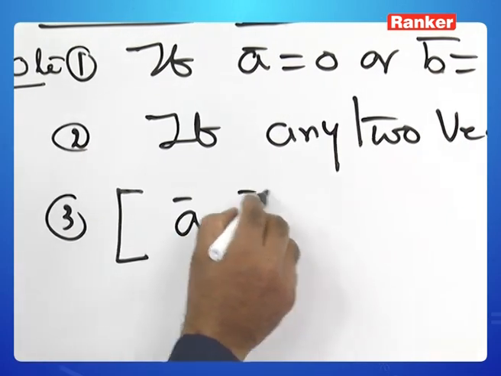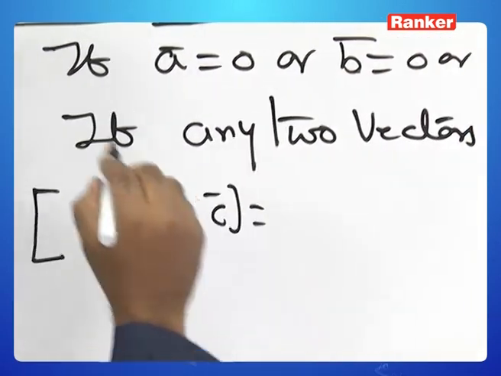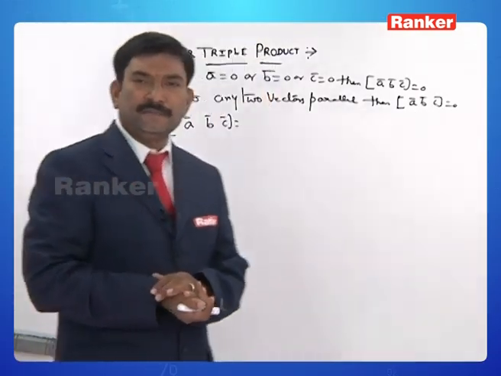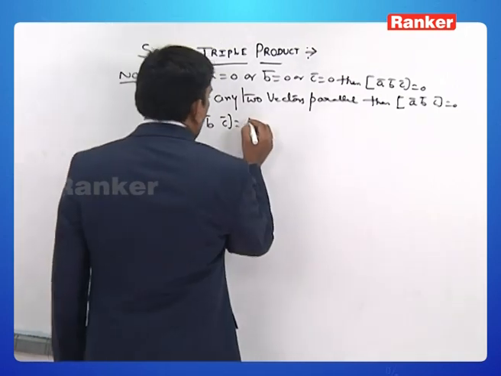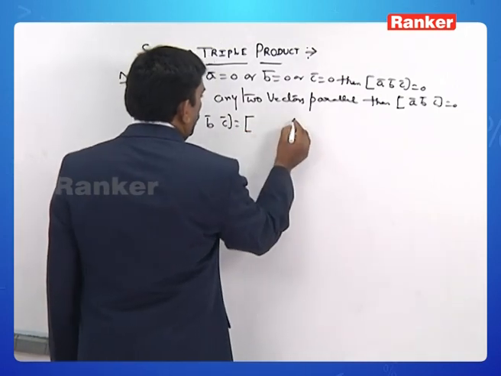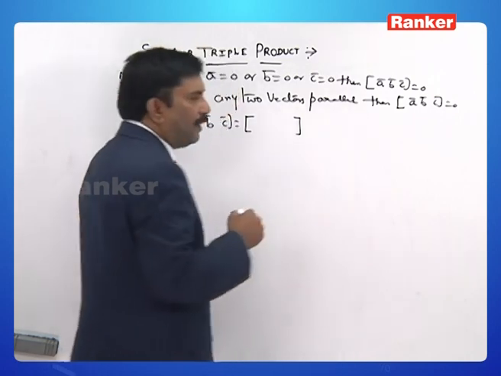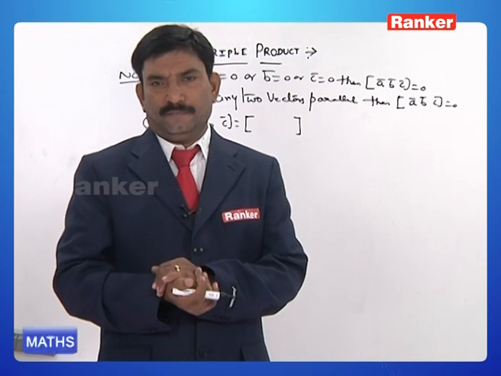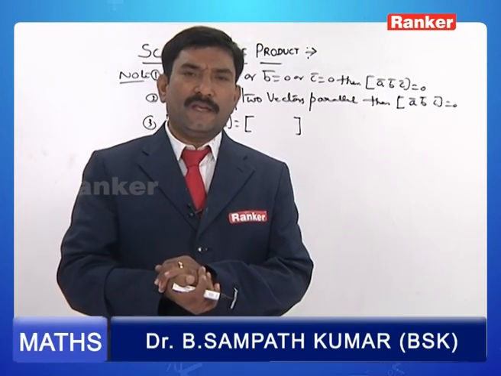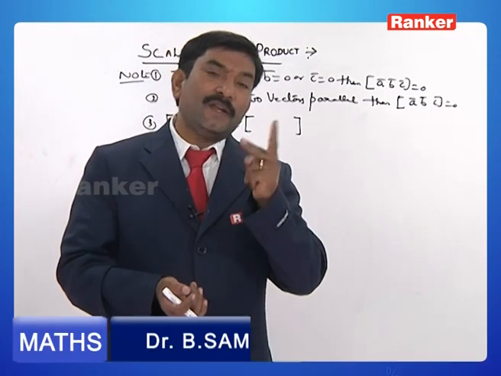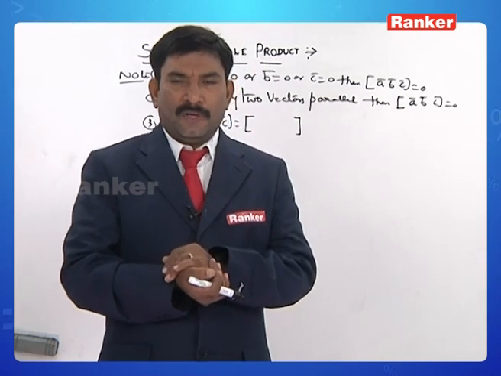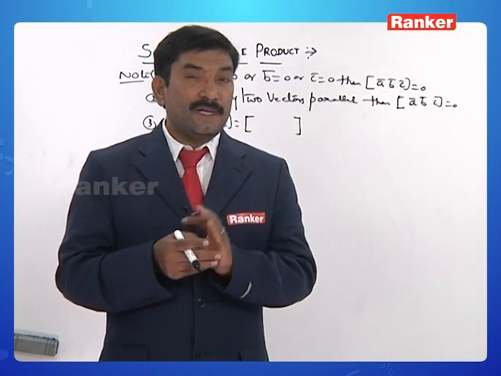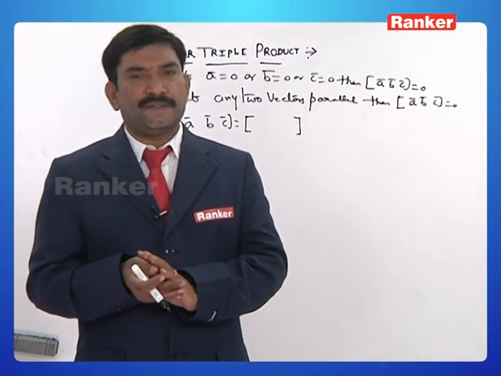the box product, scalar triple product is nothing but a determinant. In a determinant, if the elements of a row or a column are interchanged only in two rows or in two columns, the value of the determinant is unaltered, but sign changes.